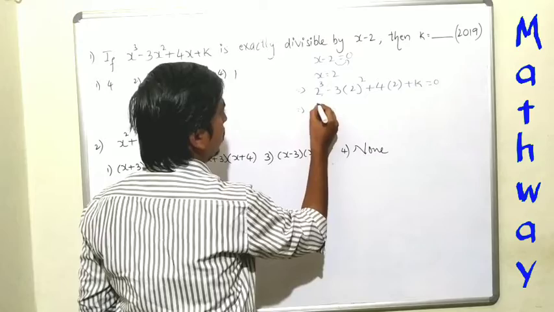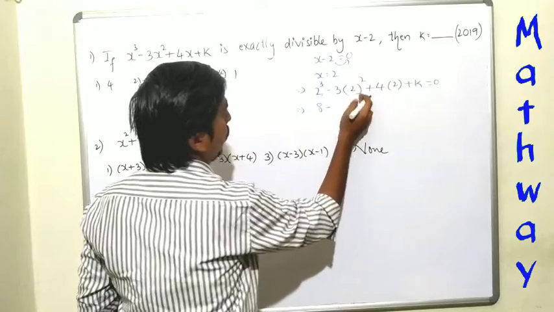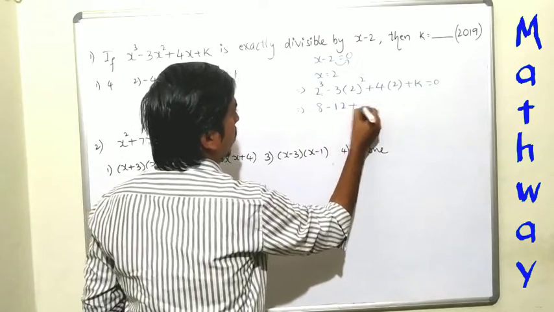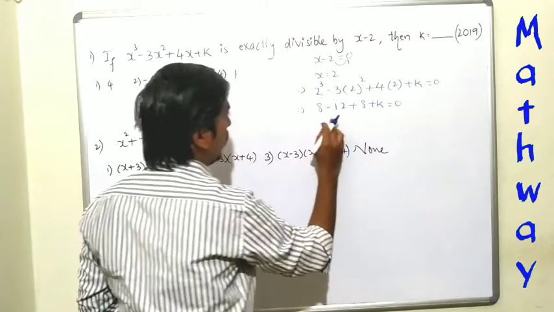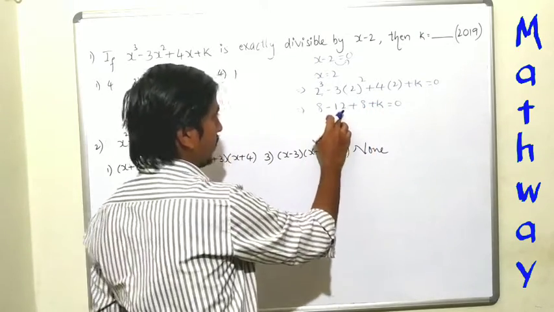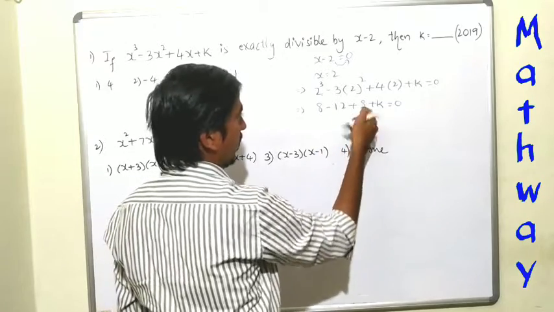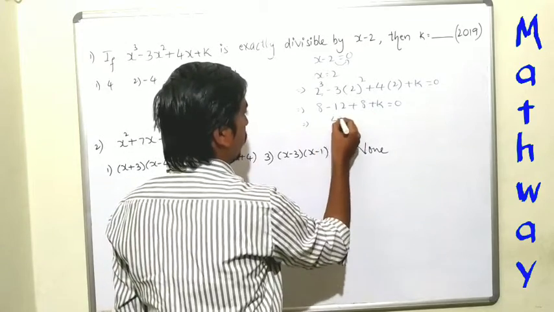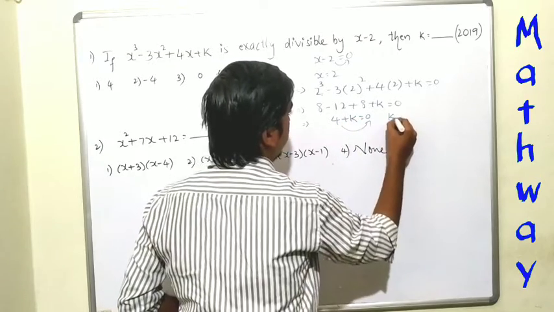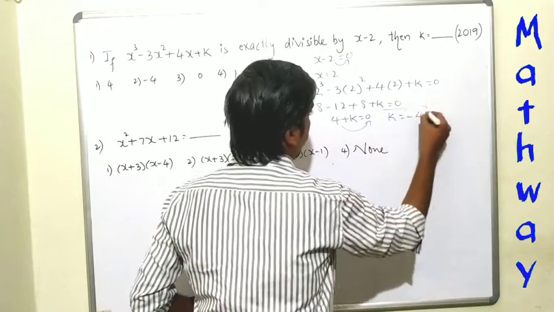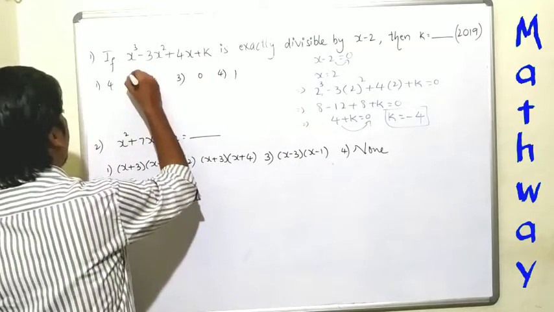So 2 cube value is 8, minus 2 square is 4, 4 threes is 12, plus 4 twos is 8, plus k equal to 0. 8 minus 12 is minus 4. Minus 4 plus 8 plus k equal to 0. So k equals minus 4. Minus 4 is the correct answer, option 2.